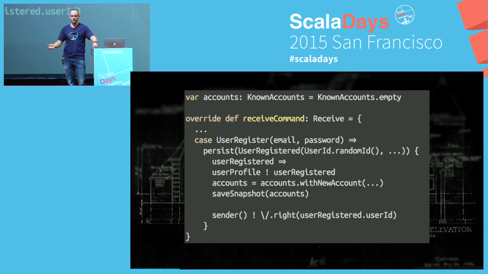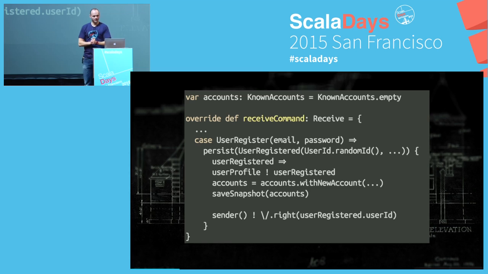In other words, I can make a new instance of this user profile process and replay the events and get to the same state. And by same state, I mean the same entries in the accounts variable. That's the key concept. Accounts is like an in-memory structure that says, here are all my user accounts. And I need to be able to get to that same state in case of error, when I need to remove this actor and create a new instance, or in case I need to scale out. So make more instances, more nodes, in which case they will receive a new user profile processor.